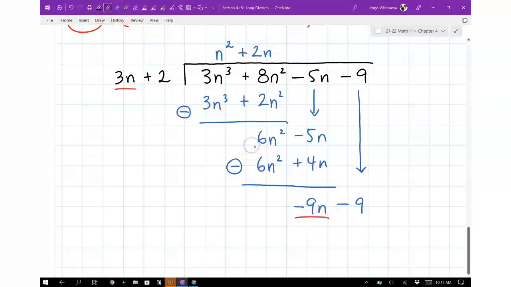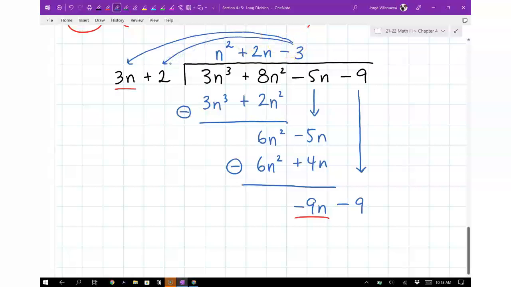Let me erase the other red line here. 3n has to become negative 9n. What do I multiply by? So a 3 has to become a negative 9. Negative 3, thank you. And I'm going to multiply negative 3 times these two terms.